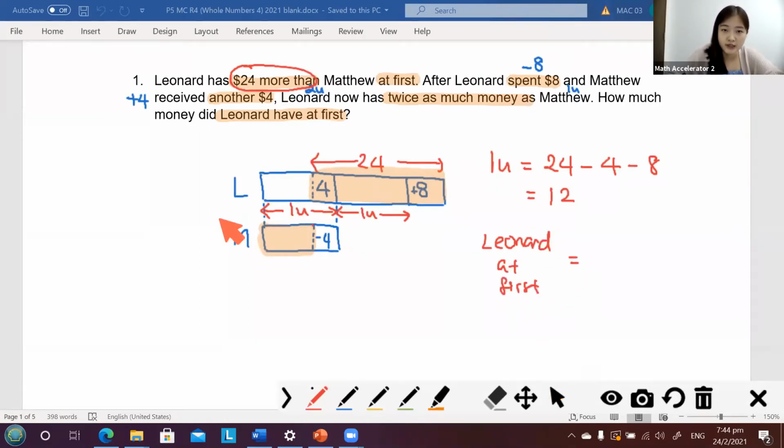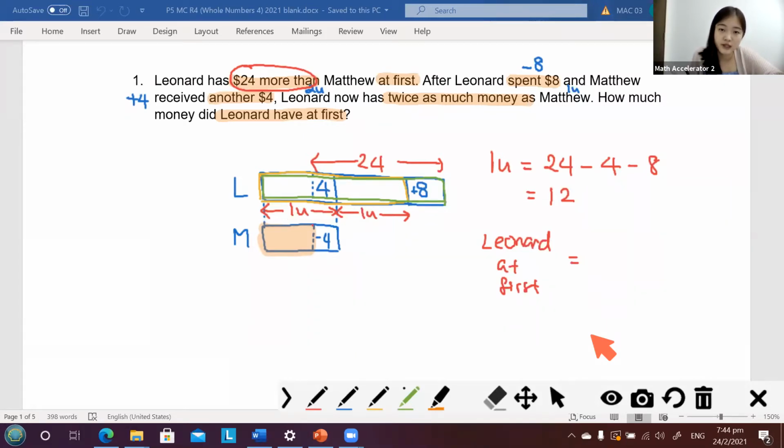So look at your model carefully. Which part of the model is Leonard at first? Is it this part, the one in yellow, or the one in green? Yellow or green?